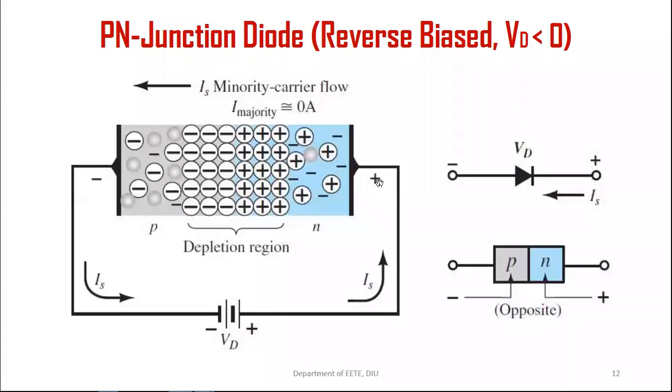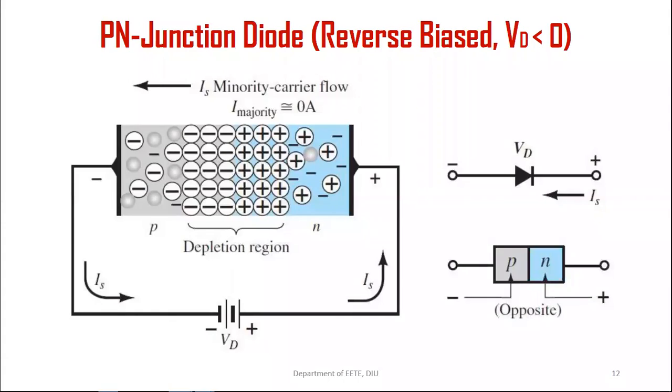Similarly, it is positive on the other side and electrons are negative, so it will attract the electrons, and all the electrons will come to the terminal. So this depletion region will be much bigger because there will be no holes and electrons available, so there will be no current for the majority carriers.